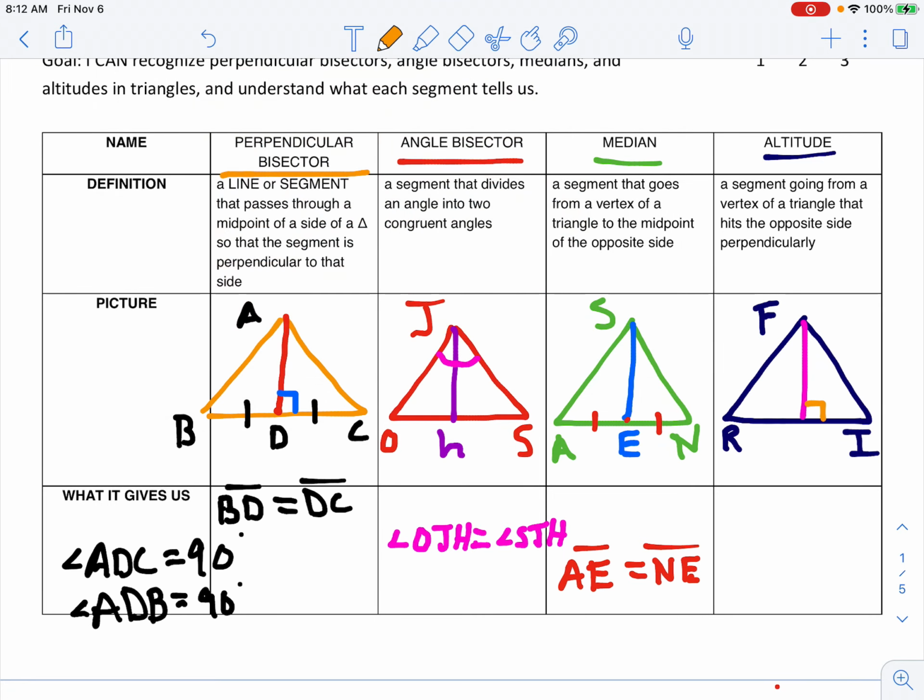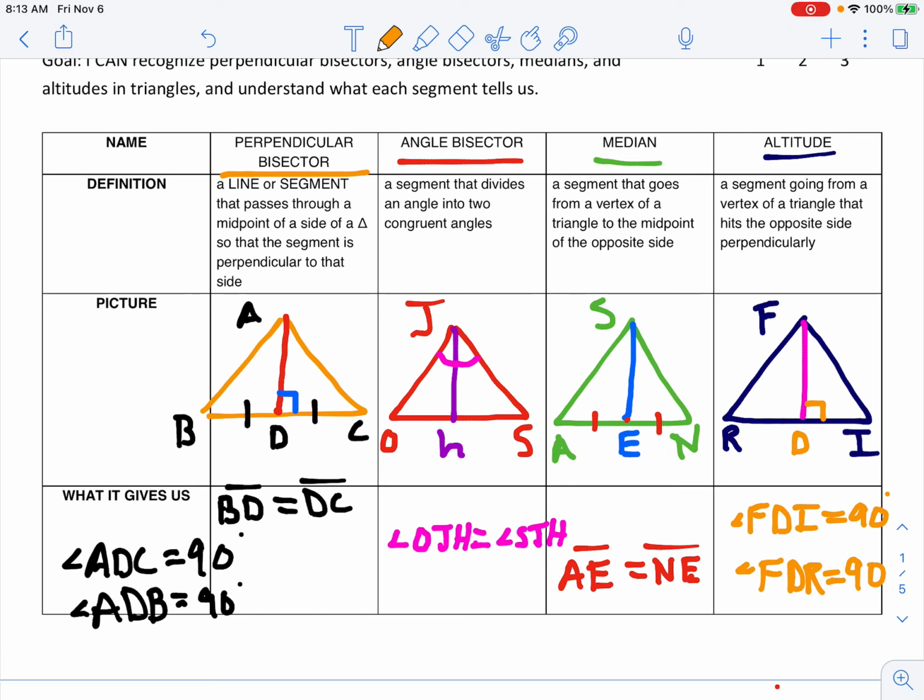It forms 90-degree angles where it touches. So let's say it hit at D right here. Technically angle FDI is equal to 90, and technically angle FDR is equal to 90.